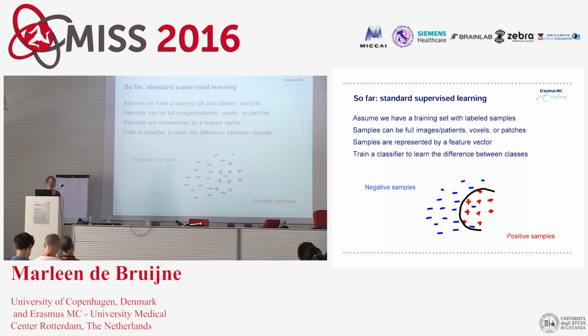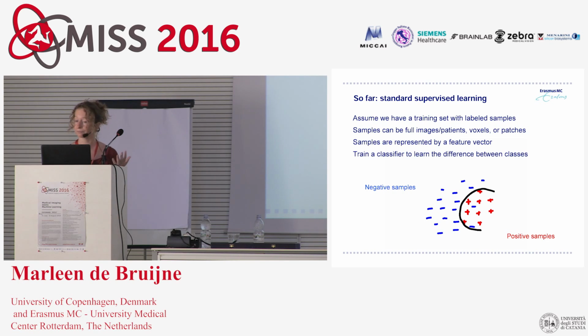Samples can be, for instance, full images, if we're looking for imaging biomarkers, patients, or it can be voxels or patches if we're looking for disease localization, nodule detection, image segmentation. Samples are represented by a feature vector in feature space. I've drawn a few of them here. They have different labels. And then we train a classifier to learn the differences between classes.